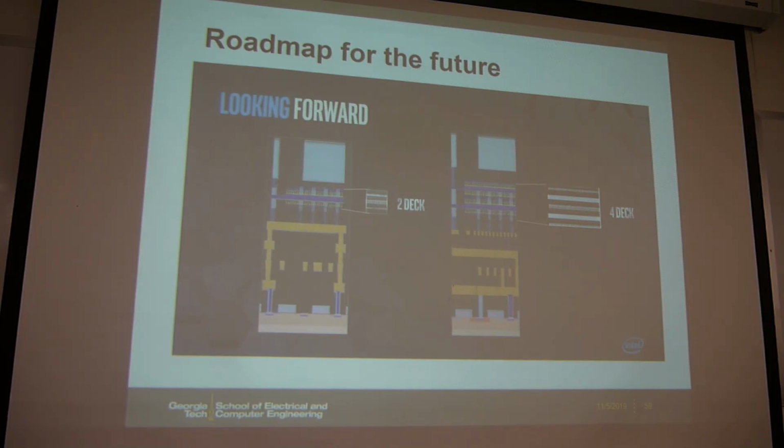Why can Flash stack so many layers while XPoint is only a few layers? Because it's a simple stack, right? From the cost point of view, you don't gain too much, right? This is due to the fabrication challenges.